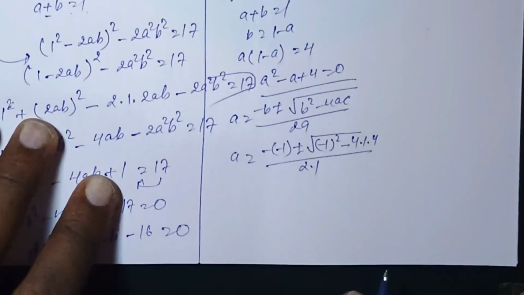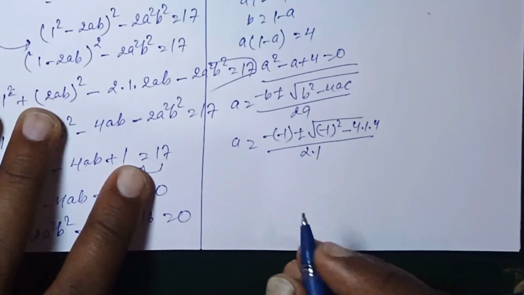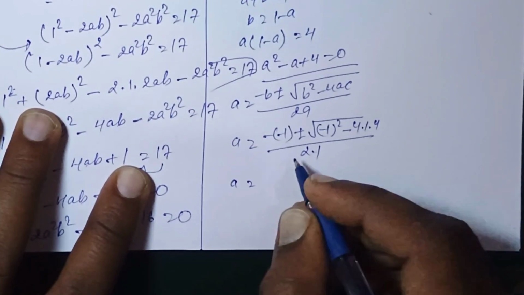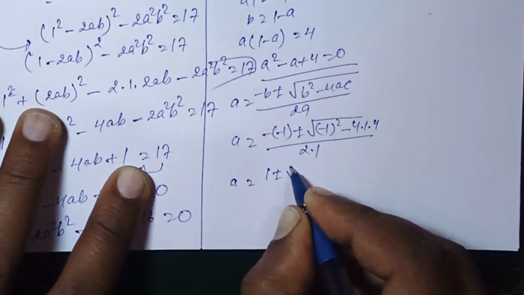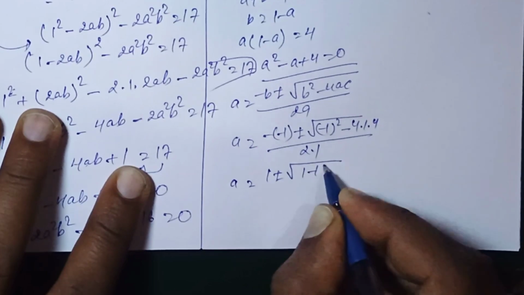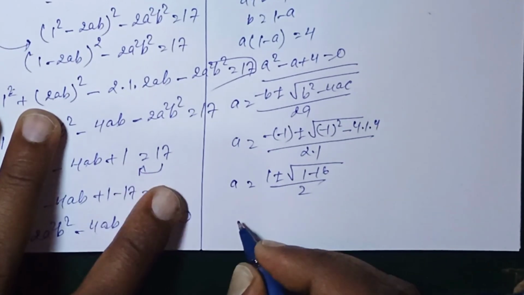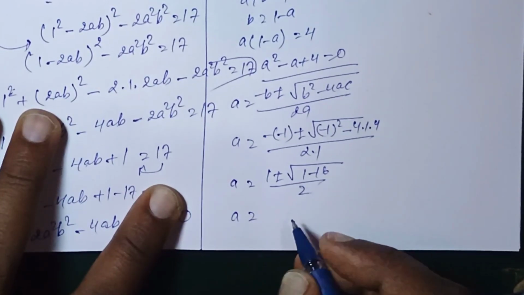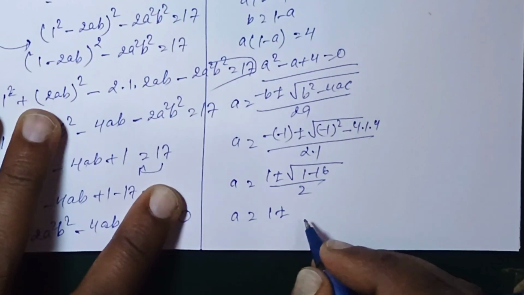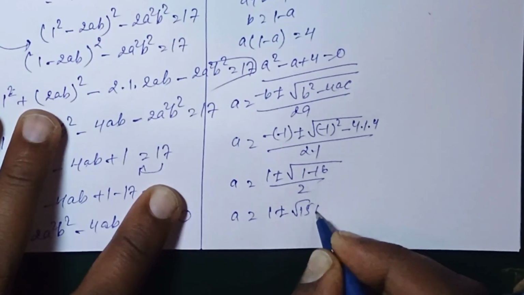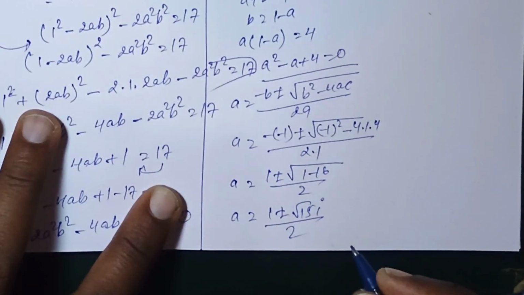After next step, a is equal to 1 plus minus root under 1 minus 16 divided by 2. Therefore a is equal to 1 plus minus root under minus 15, divided by 2.